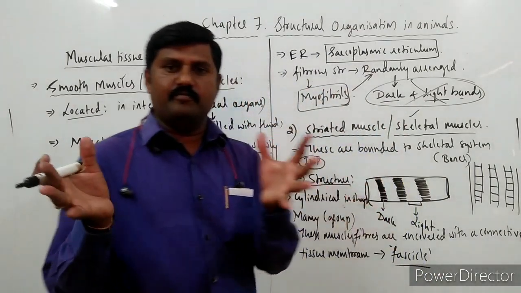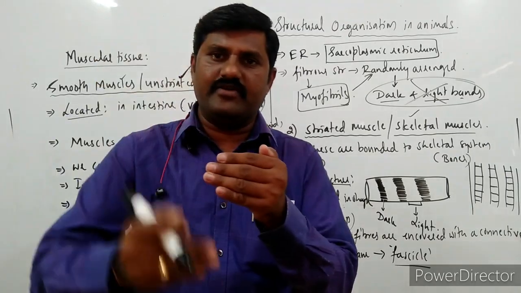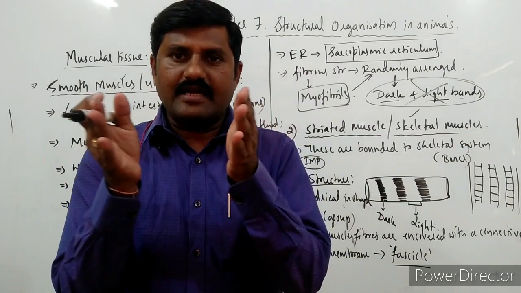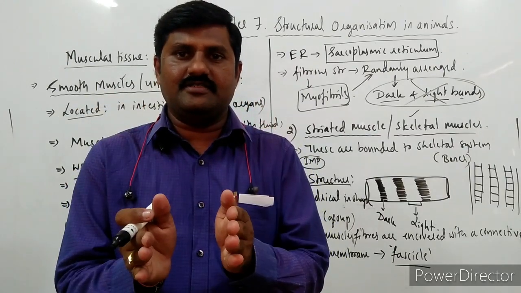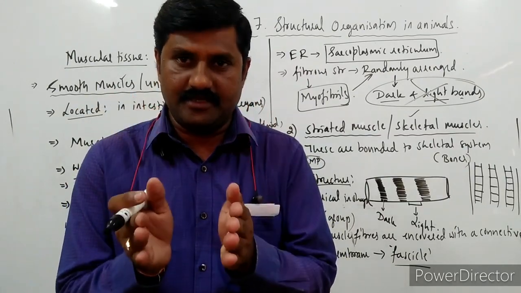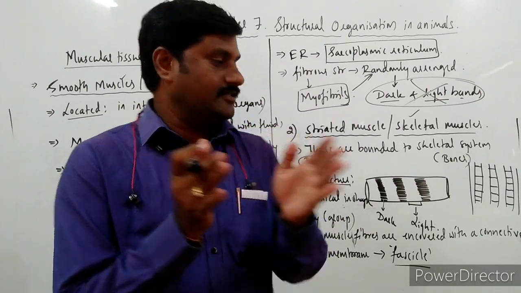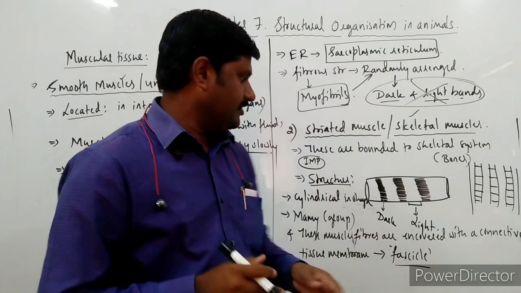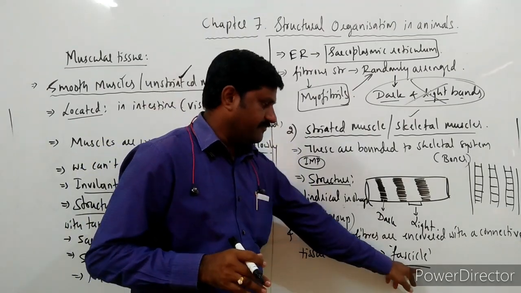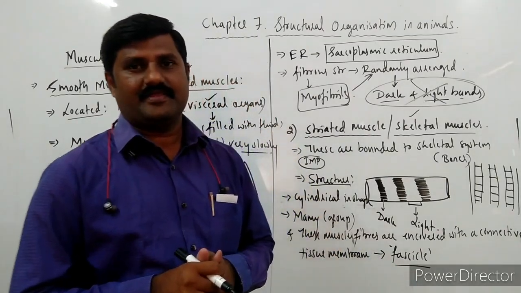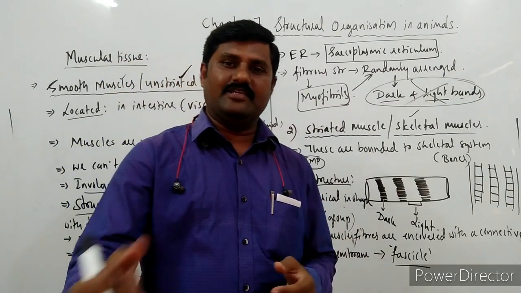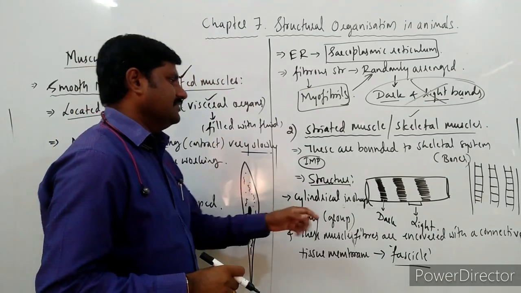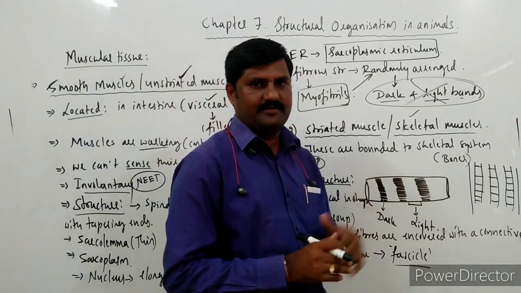A group of muscle fibers together, covered with a connective tissue membrane, and that whole structure, consisting of a group of muscle fibers as well as the connective tissue membrane together, forms the fascicle, right? And they are responsible for contraction and relaxation, right? So this is the nature of these muscle fibers.